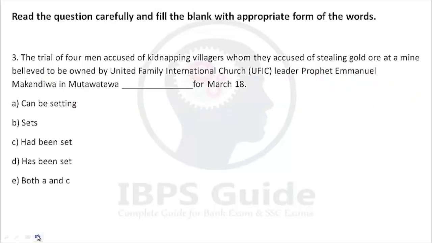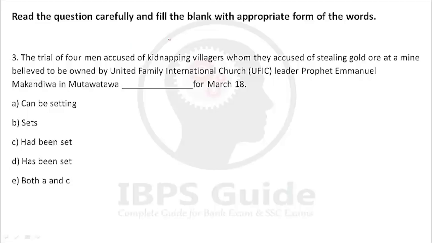Let's move to question number 3. Read the question carefully and fill in the blank with the appropriate form of the word. Appropriate form of the word means here we have to choose the grammatically appropriate word, because options can be setting, said, had been said, has been said, etc. So it is clear to us it's not the portion of vocabs, it is a portion of grammar. Okay, let's move to the question. Let's read the question.